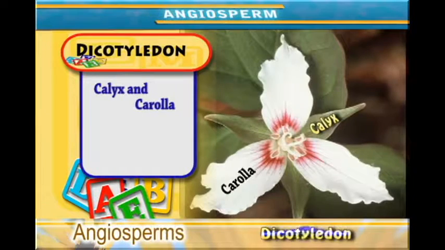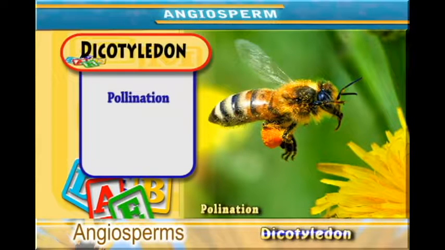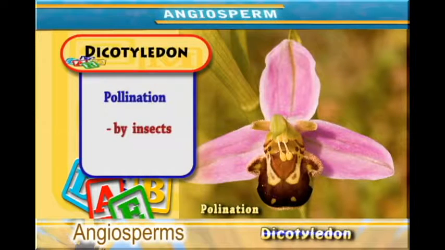The calyx and the corolla are easily distinct from each other. You can separate them and say this is a calyx and this is a corolla. And they are mainly or mostly insect pollinated.